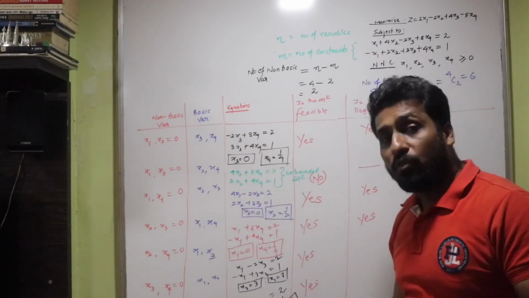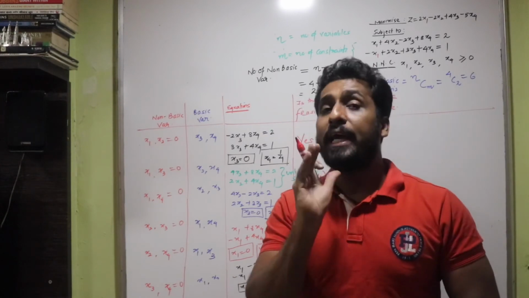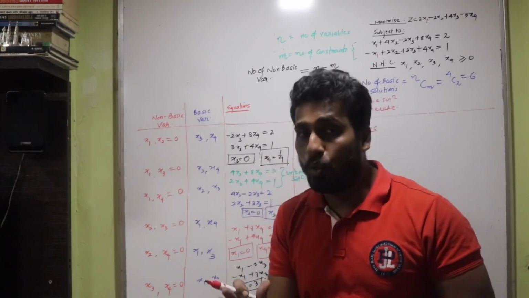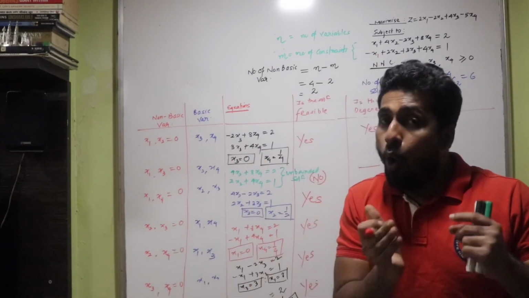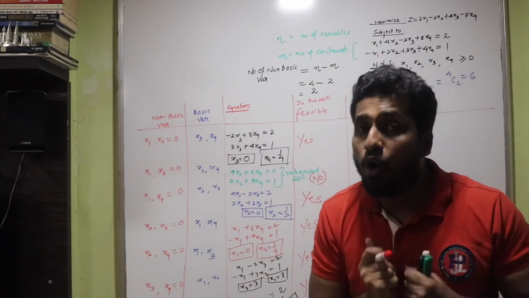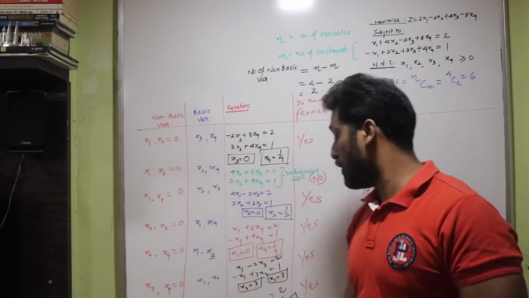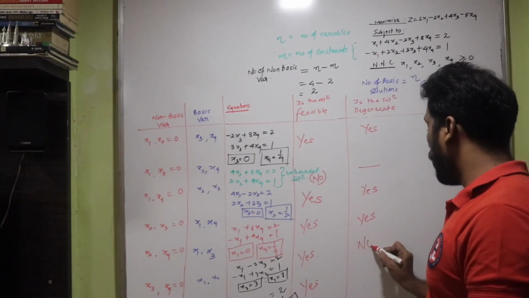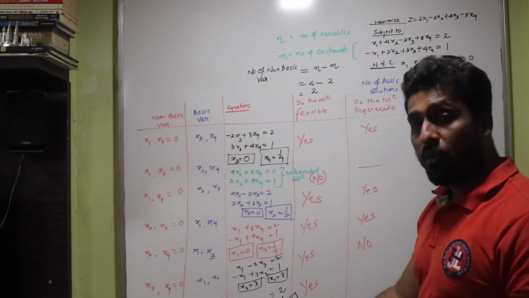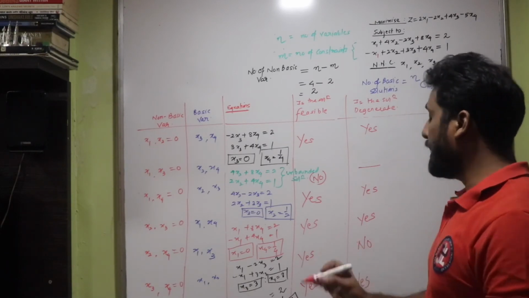So if any of the basic variables gives me the value 0, then it is called a degenerate solution. And if all my basic variables are non-zero, I will call it a non-degenerate solution. So I'm going to write here no. And finally again one of the values is 0, so I'm going to call it a degenerate solution. So I write yes over here.